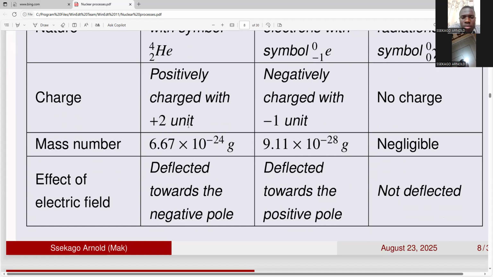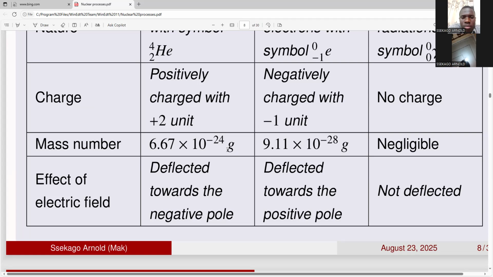Then beta particles, remember we said beta particles are electrons. Electrons are negatively charged, so they have a charge of -1 unit. Gamma rays are not charged. Radio and television waves are not charged, so they carry no charge. So alpha particles are positively charged, beta particles negatively charged, gamma rays not charged.